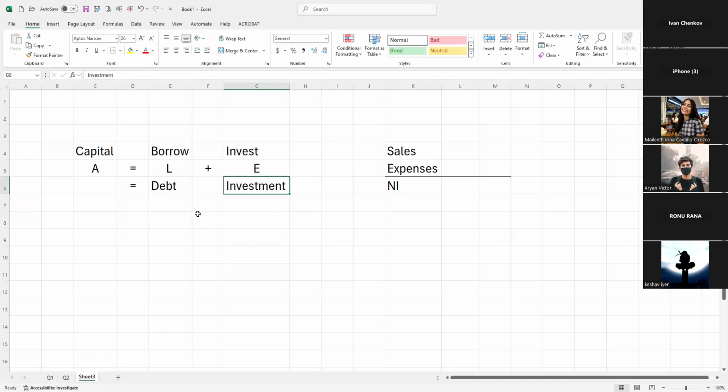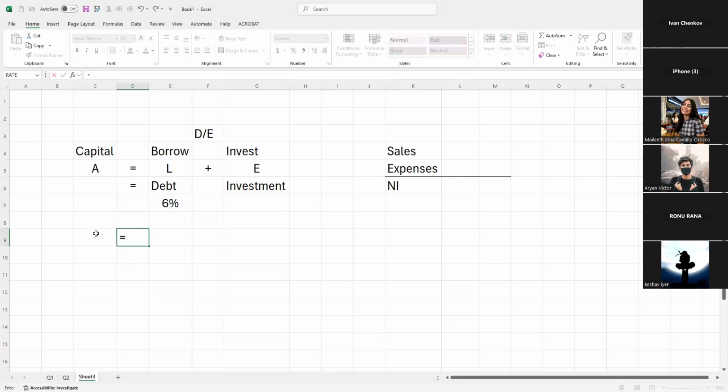Now, what we have to find out is the debt to equity ratio in order to get how much is the cost. So let's say you borrow the money from the bank and you're paying the bank 6%, right? And let's say your debt is 40%.